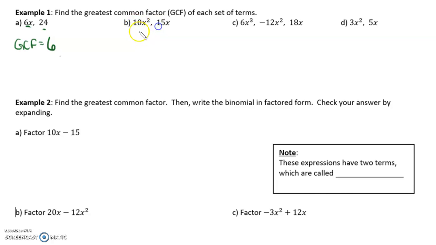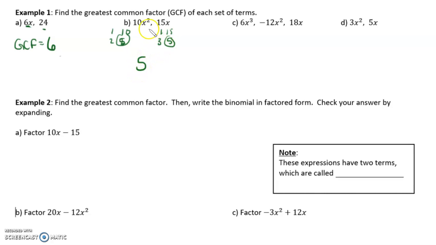For 10 and 15, I would list the factors of 10: 1 times 10, 2 times 5. And the factors of 15: 1 and 15, 3 and 5. So the common one is 5.